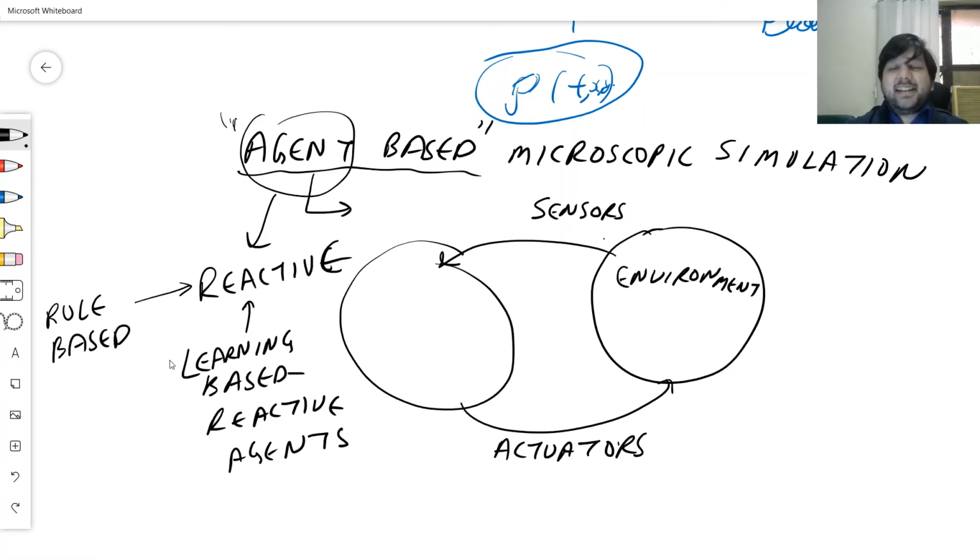It may mean there's an if-then-else rule. If person is in front, he is your friend, go talk to him. If person is in front, he's not your friend, get aside. If person is your friend and he is someone whom you absolutely hate, then you do that. So it could be the same type of rule-based if-then. It could be a mathematical function.